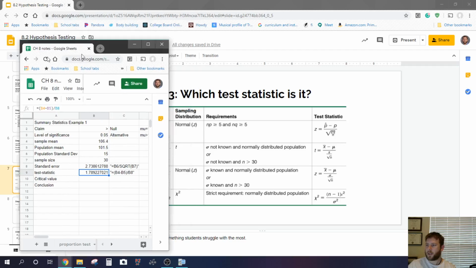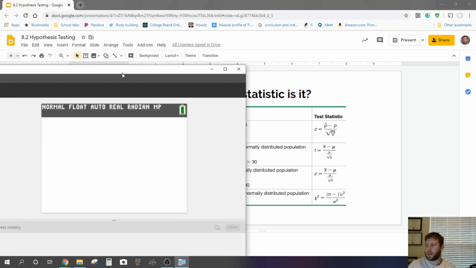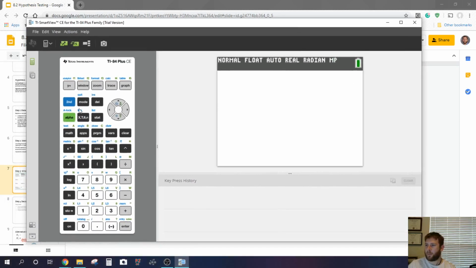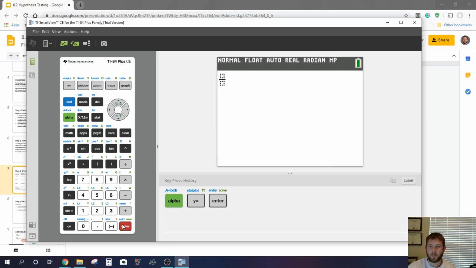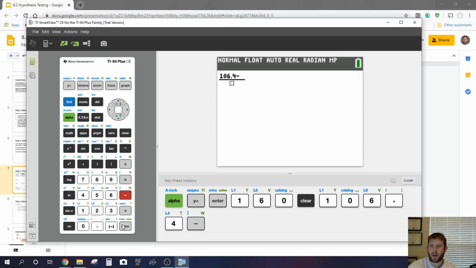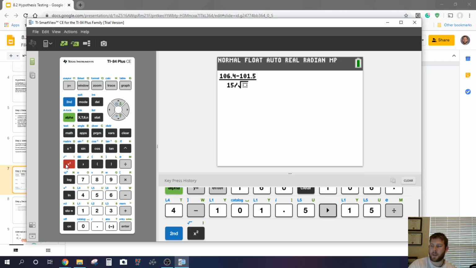That's it. Now on a calculator, it's very straightforward. You're just literally typing in what it says. I would recommend you push alpha y equals enter to get that beautiful fraction bar. So 106.4 minus 101.5 divided by our standard deviation, which is 15, divided by the square root of our sample size, which is 30.